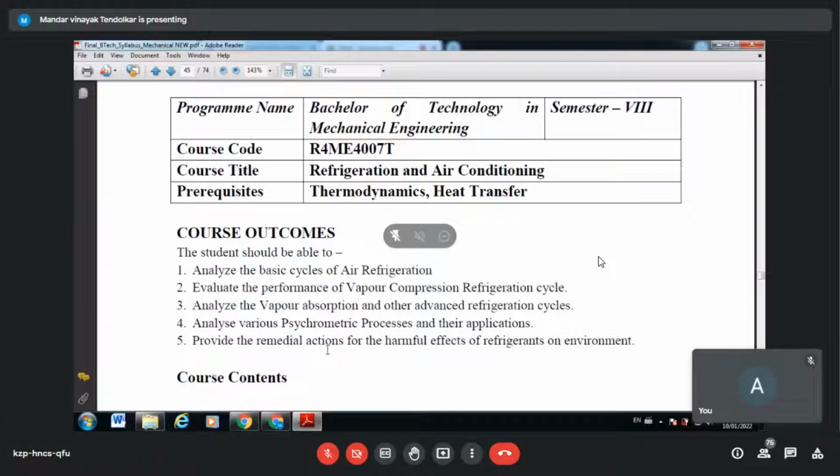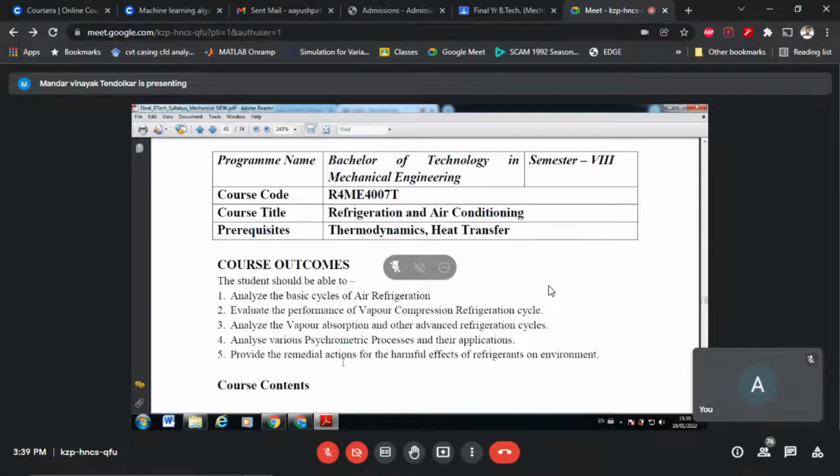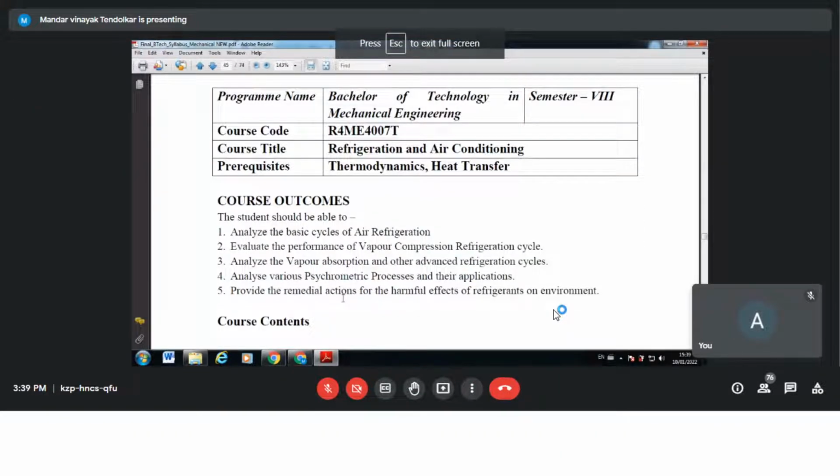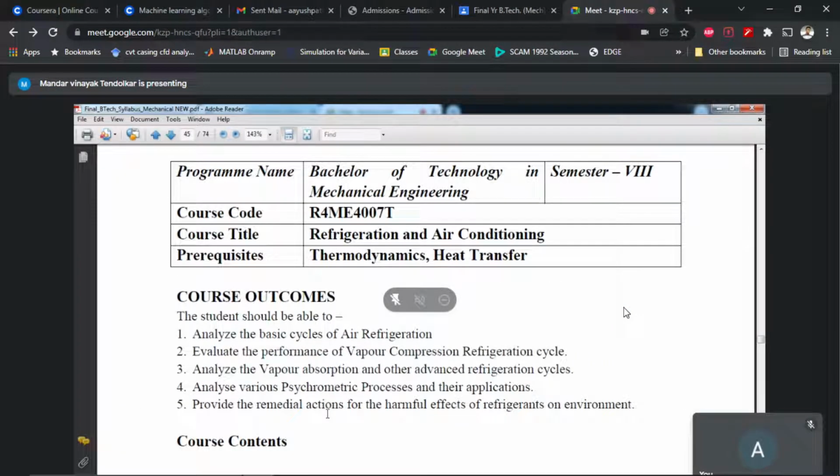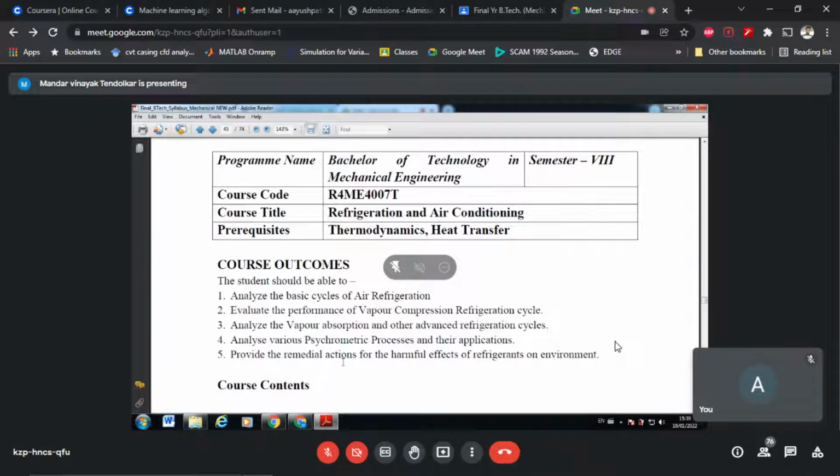The seller will try to make a fool of you: why do you take the 55,000 one, take this 35,000 one. The immediate signal that should ring in your mind is to cross check the refrigerant. Why is he giving something at 35,000 instead of 55,000? That is because of the old refrigerant, which is now completely banned.